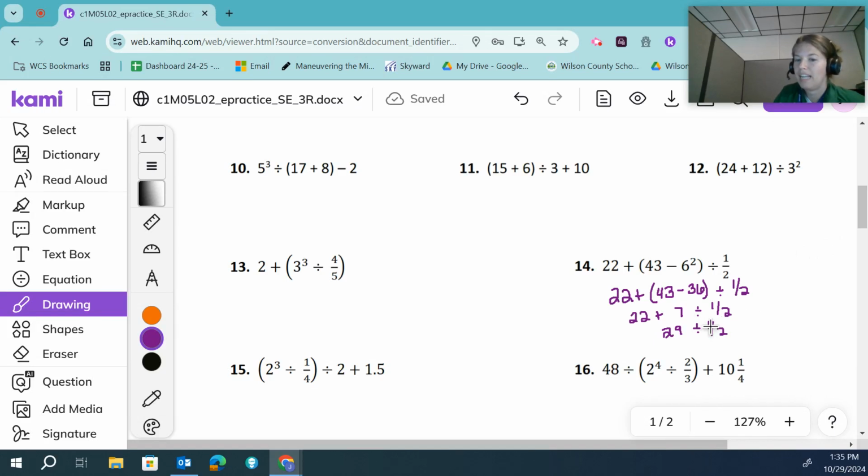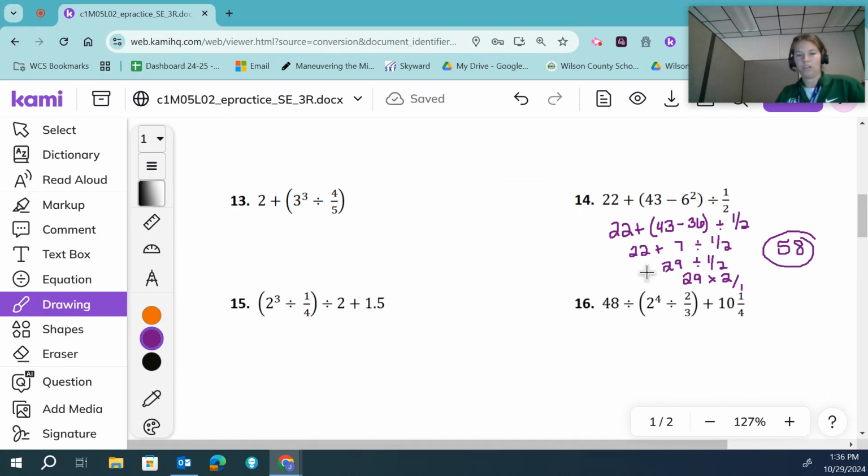When I'm dividing by 1/2, this is the same thing as multiplying by the reciprocal. So really this is 29 times 2 over 1, or just 2. And 29 times 2 is going to be 58.